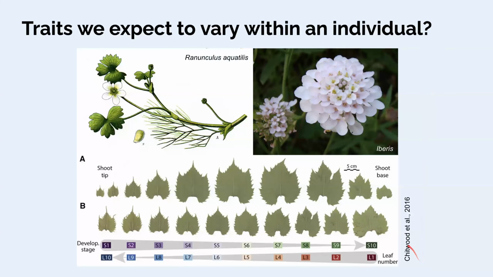This author here, Chitwood, has done a lot of work to investigate variation, with a lot of investigation into plants in the grapevine family, kind of seeing what parts of that variation are consistent.